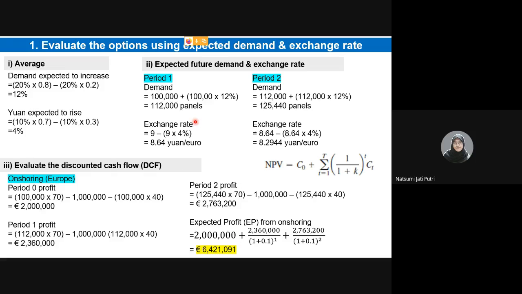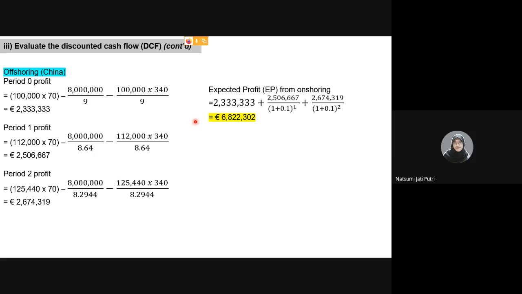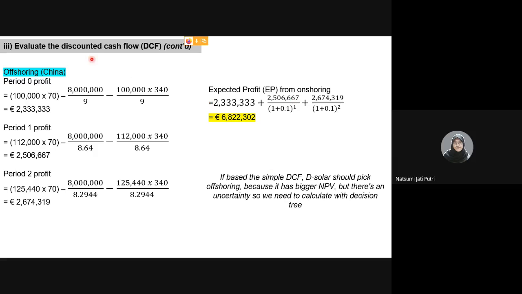Before we move on to the decision tree, is there any question for the discounted cash flow? Apakah ada pertanyaan untuk DCF?